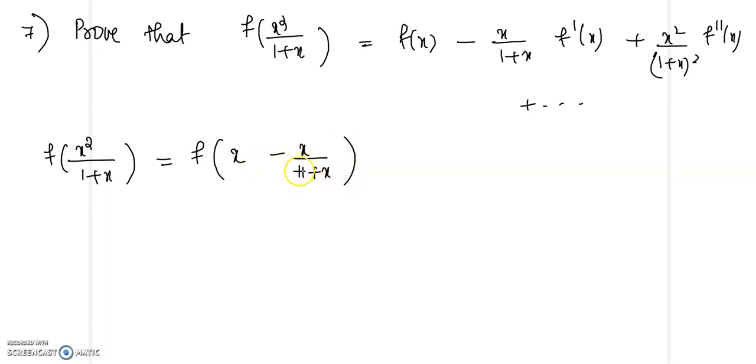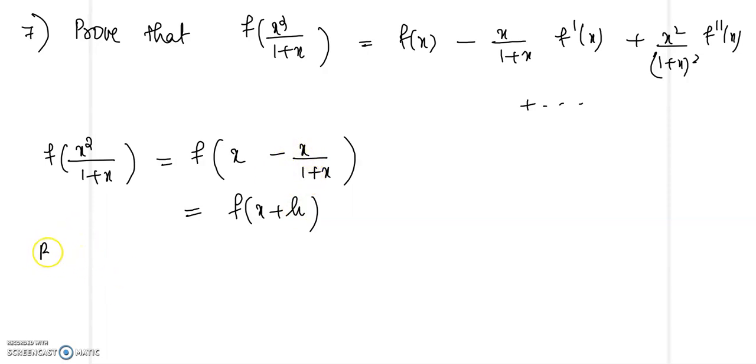So x minus x by 1 plus x is equal to x square by 1 plus x. Now this is in the form f of x plus h. So in place of h you are having minus x by 1 plus x.